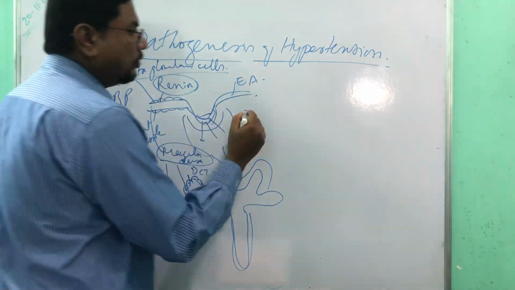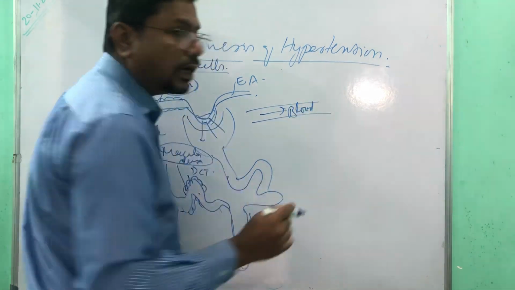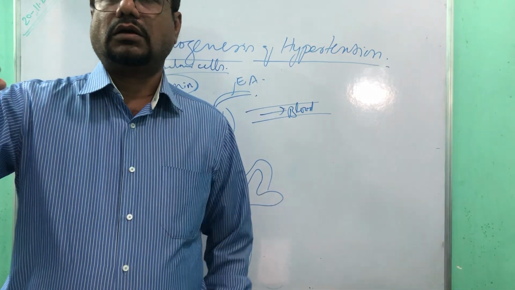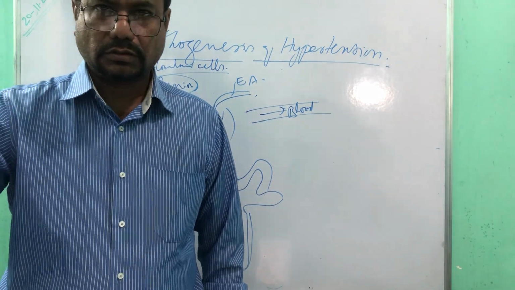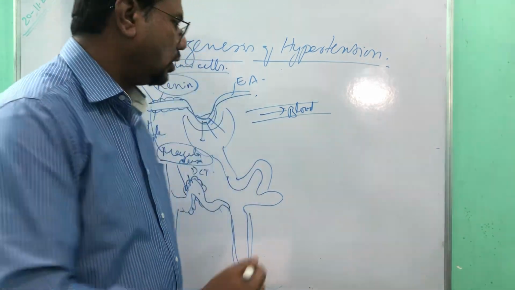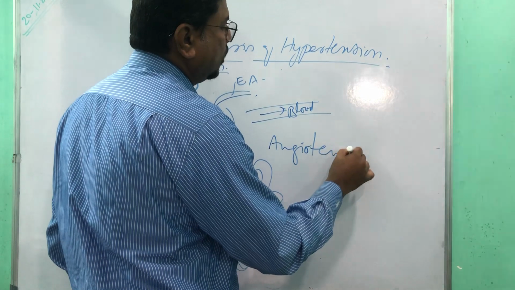So this renin will flow in the blood. And in blood, there is always one protein released from the liver. It is always flowing in the blood. That is called angiotensinogen.